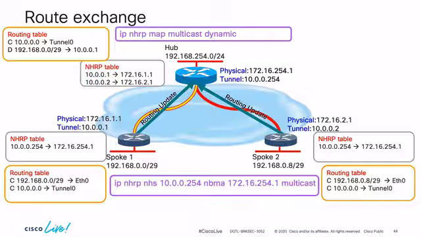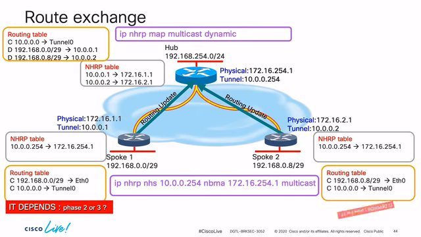And these updates are exchanged. As far as the routing updates which get exchanged from the hub to the spoke, it depends on whether we have phase 2 or phase 3.